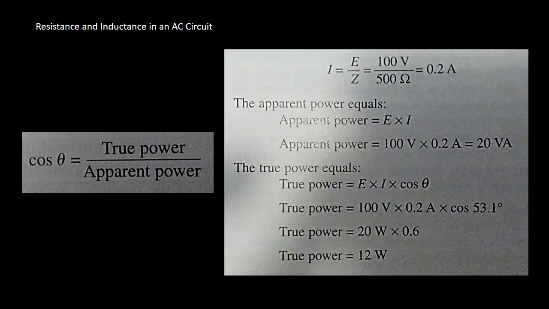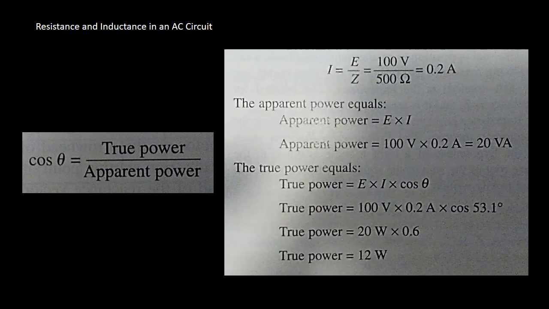The apparent power equals E times I, or voltage times current, which is 100 volts times 0.2 amps, which equals 20 volt-amps, VA.